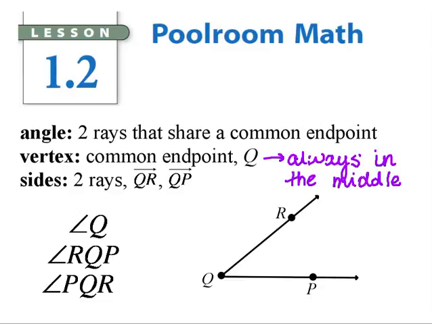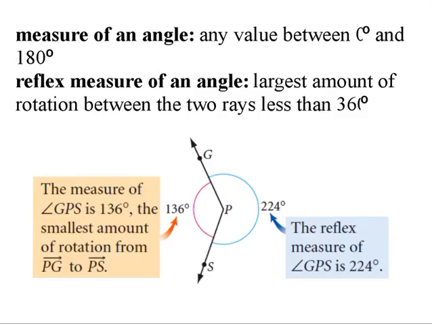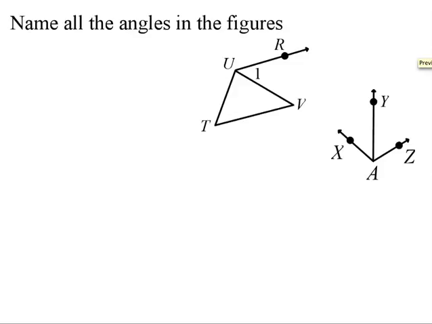Questions? All right, let's look. Go back. So name all the angles in the figures. That's tough. All right, so we're going to go around the room. That group back there, give me one. And we're just looking right now at this first figure.